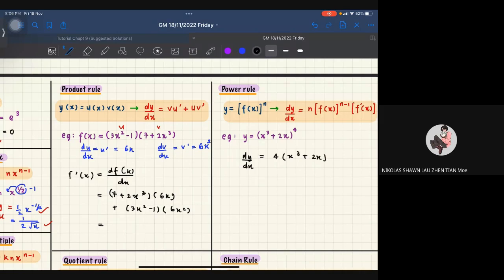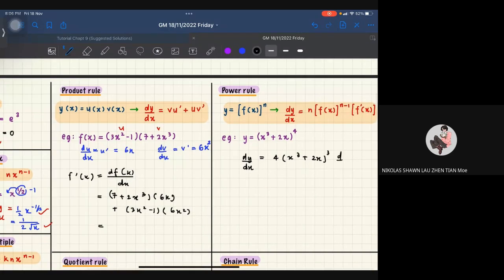Okay, and then power sekarang, you need to minus it by 1, so you get 3 dekat situ. Okay, and then awak kena darabkan dengan differentiate inside the bracket. So we have x cube plus 2x. Okay, lebih kurang. Nampak ke?